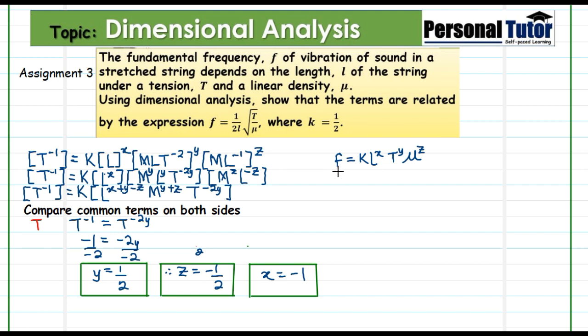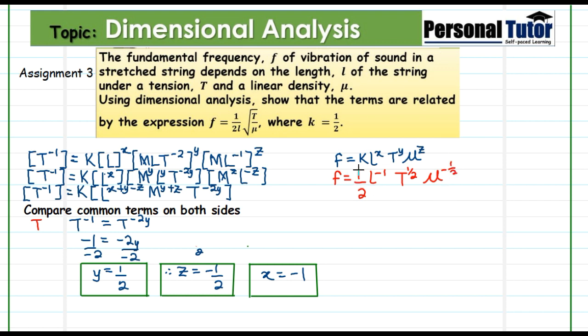So let's substitute. F equals k. The k is said to be 1 on 2. The L to the power s, which is negative 1. And T to the power y, that is positive half. Then mu to the power z, negative half.